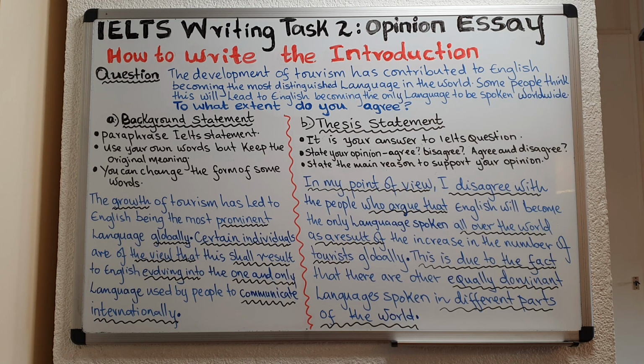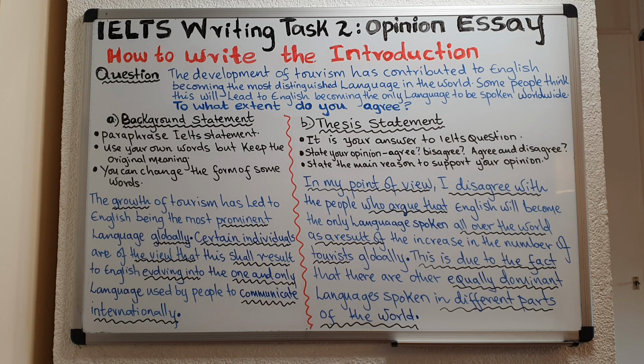In my viewpoint, because I want to state my opinion, I will begin with the words, in my viewpoint, or you can begin with the words, in my opinion. This is a Band 9 essay, so I have to use advanced linking words. In my point of view, comma, I disagree.